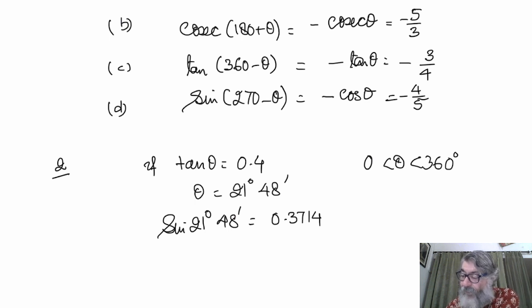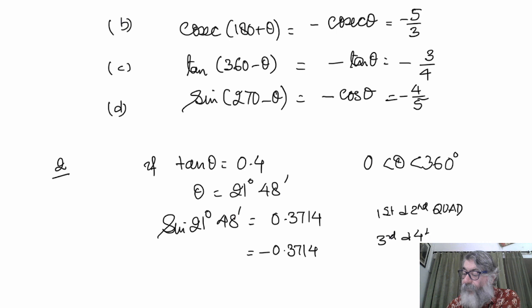This is in the first and second quadrant, because there the sign is positive, and it is going to be minus 0.3714 in the third and fourth quadrant, because he wanted the value from 0 to 360. That means we had to cover all the four quadrants. That is why we took the values like that.